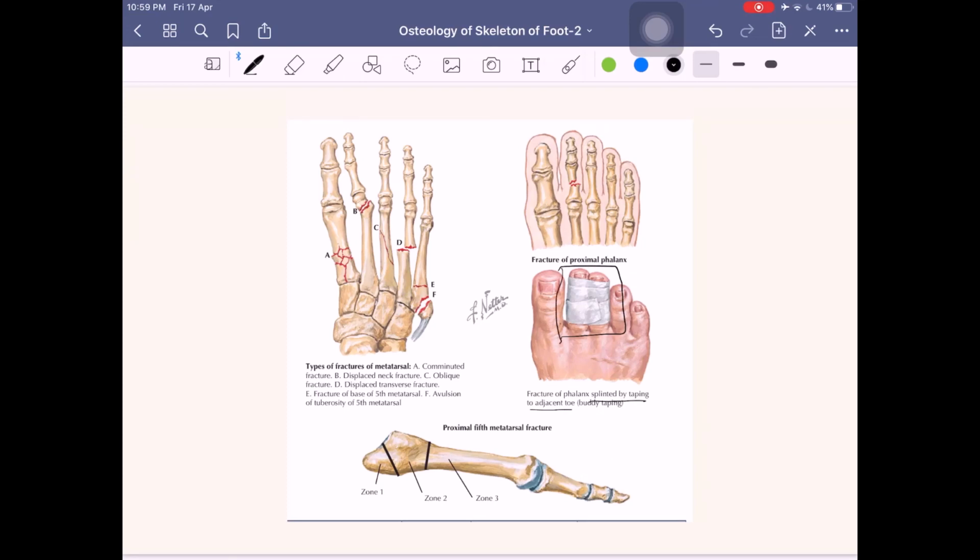Fractures of the phalanges are splinted by taping to the adjacent toe, what we call buddy taping, buddy friends. This should take care of it. It will give immobility and the bone will heal. You can also see in this a fracture in the proximal segment, proximal phalanx fractures. So these are the fractures which can happen.